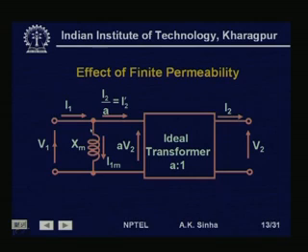This is what we want to represent the magnetizing part of the transformer. So, I1m will lag this voltage V1, and this will be represented by a reactance Xm.